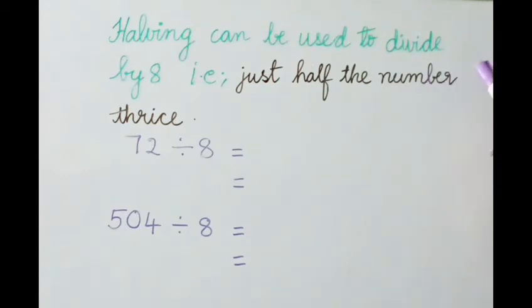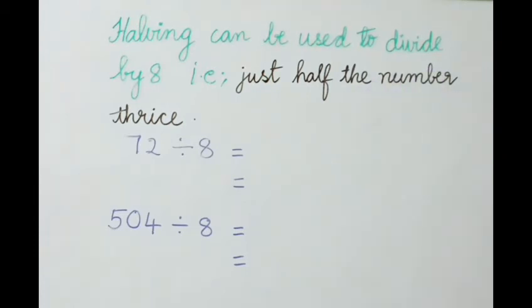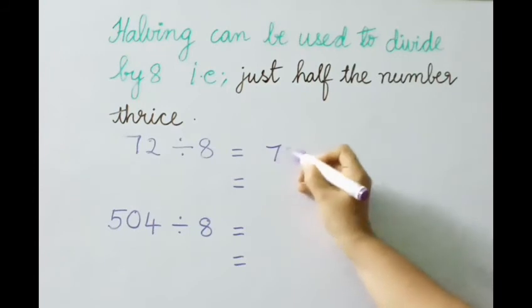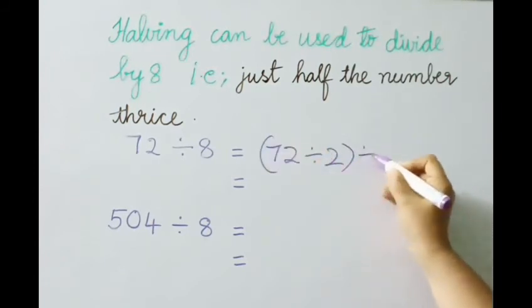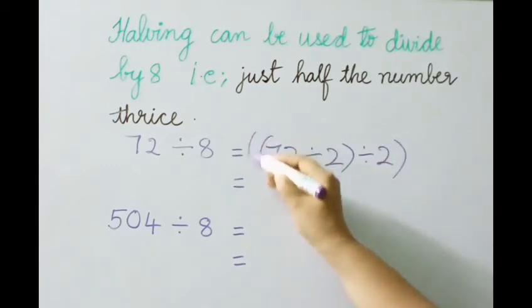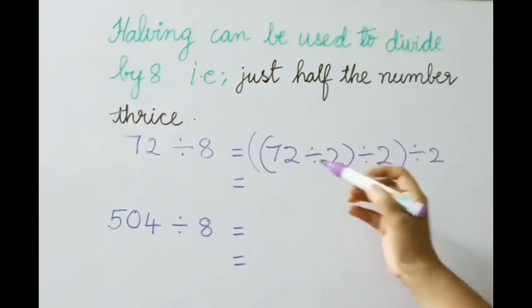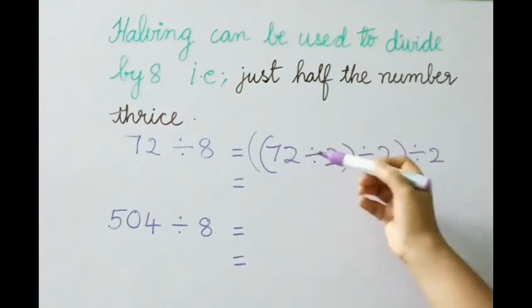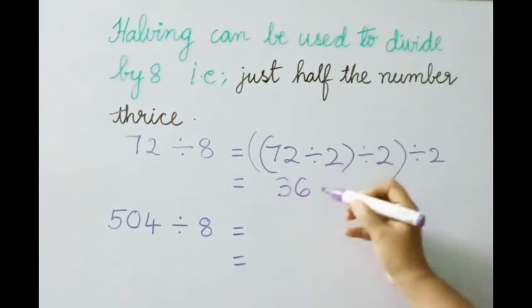Halving can also be used to divide by 8. That is, just half the number thrice. Here 72 is divided by 8. So what do we have to do? Half the number 72 three times. So 72 divided by 2, 70 half is 35, 2 half is 1, so it is 36.